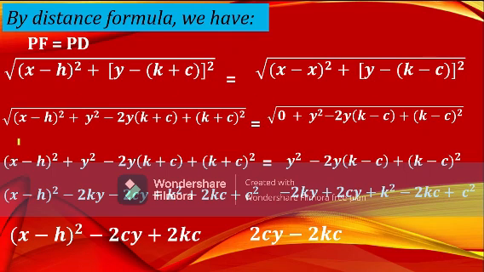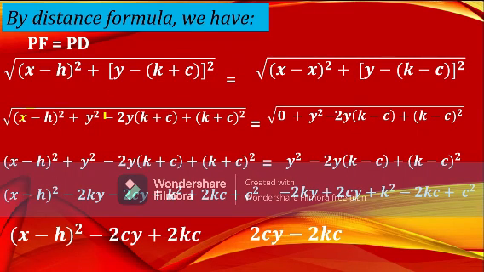Okay? Then we're going to copy x minus h quantity squared plus y minus, so this one we are going to expand, k plus c. This becomes y squared. Considering this is the first term and this is the second term inside the parentheses, you can present it in this manner.